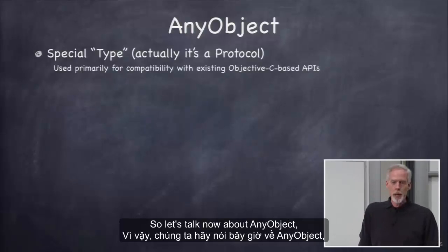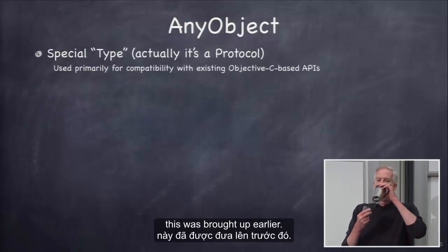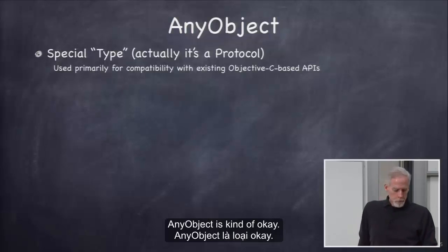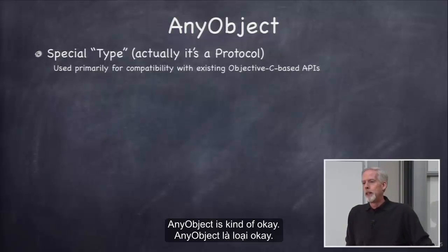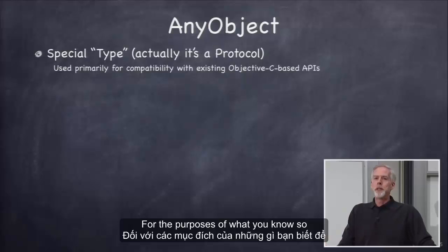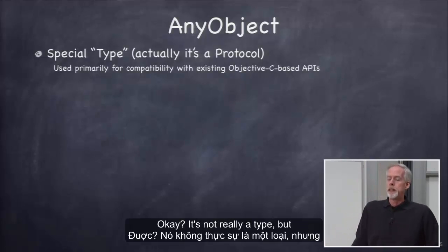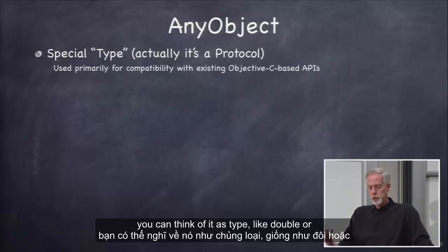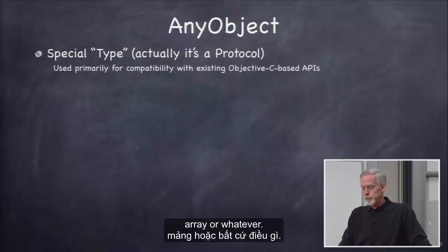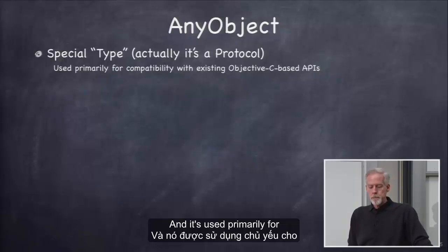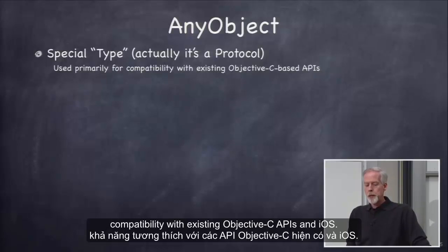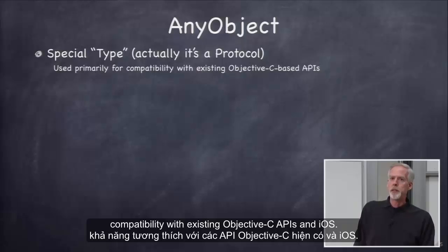Okay, so now let's talk about AnyObject. This was brought up earlier. For the purposes of what you know so far, you can think of it as a type. It's not really a type, but you can think of it as a type, like double or array or whatever. It's used primarily for compatibility with existing Objective-C APIs in iOS.